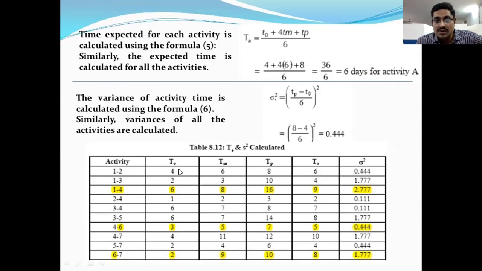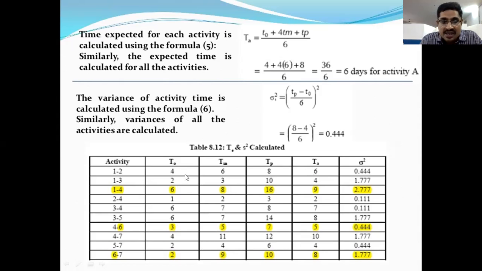So 4 plus 4 into 6 plus 8, by 6. We have the formula, so just put the numbers in. Then we will get 36 by 6. So for activity A, or activity 1 to 2, we have 6 hours of average time, or single time, right?